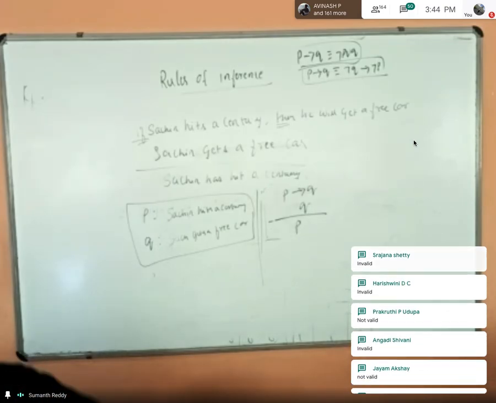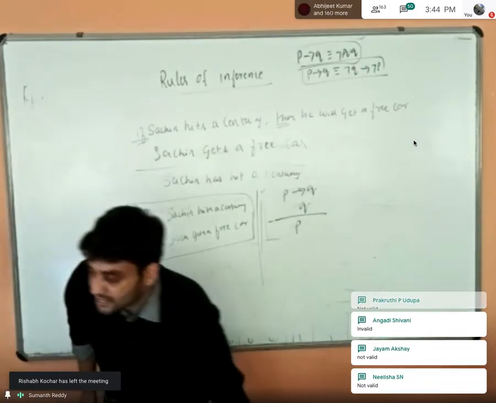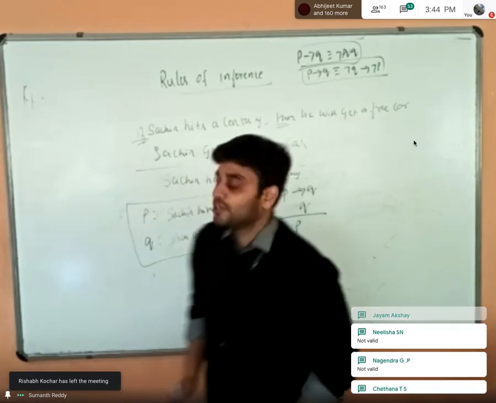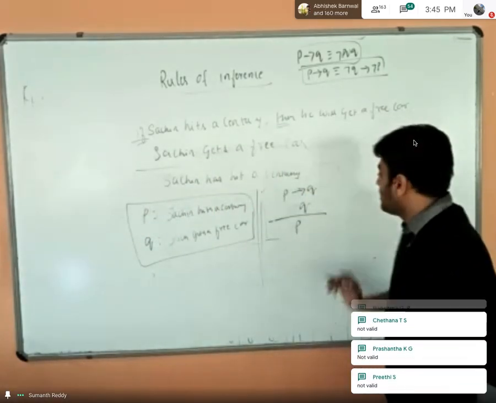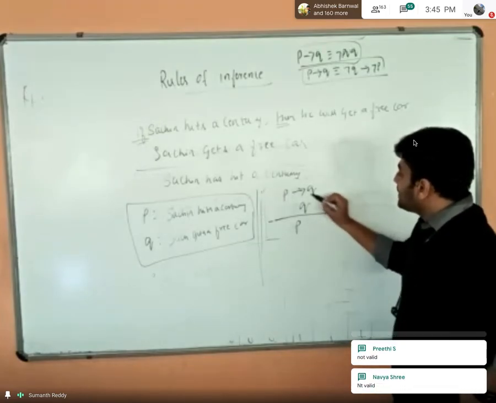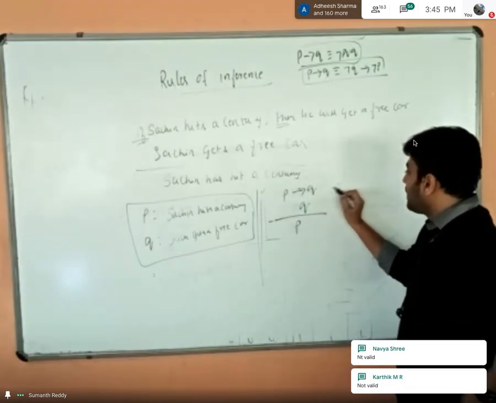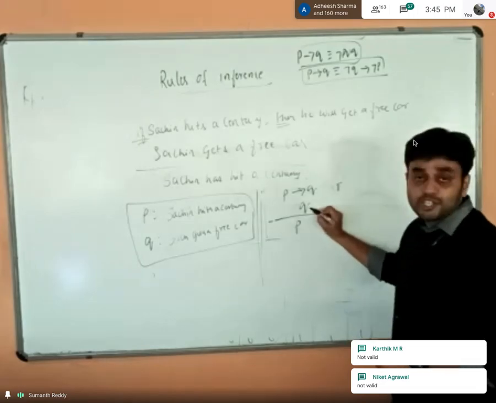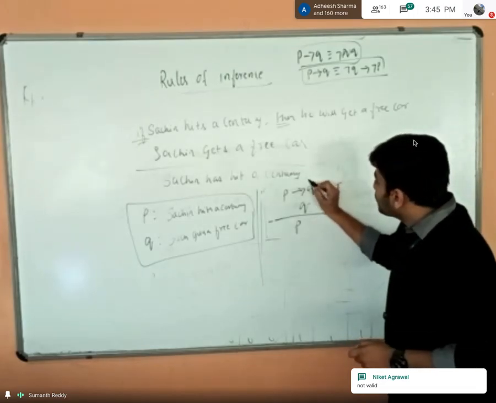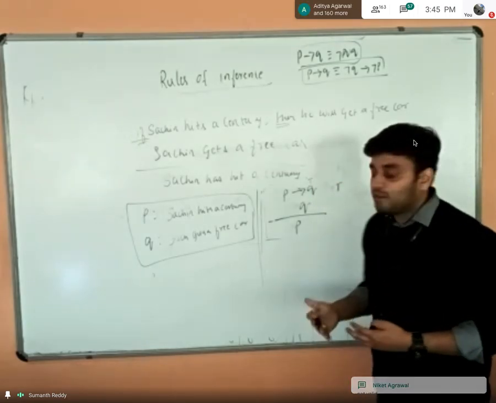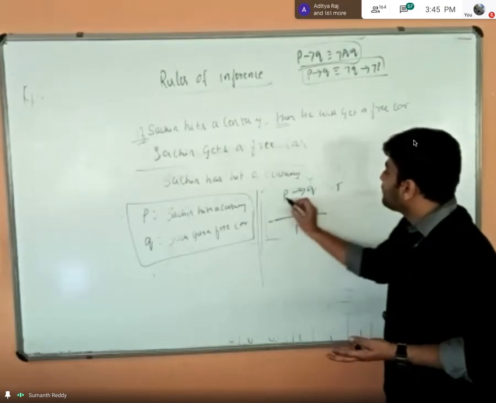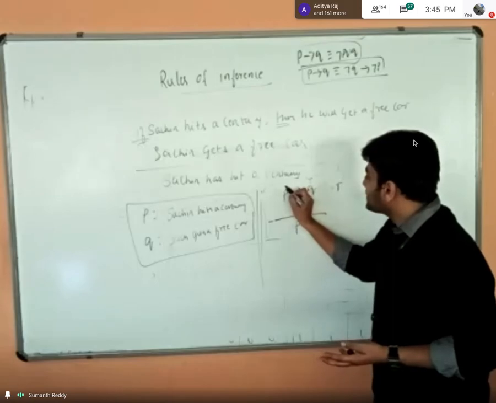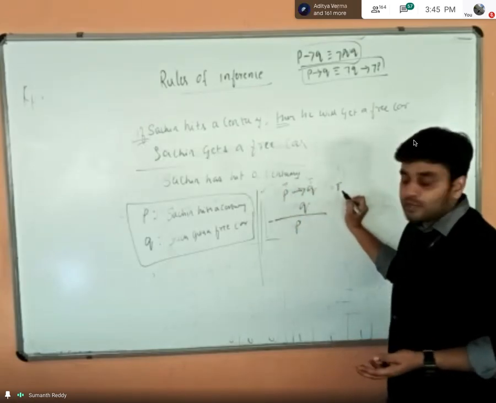Exactly. Okay, most of you are answering it's invalid. Yeah, it's true. Because the thing is, forget about the rules of inference. Use common sense. He's telling that P implies Q is true. Fine, and he is also telling that Q is true. If Q is true, is it necessary and sufficient for me to tell that P is also true? No, because if you keep the value of P as true, then the result will be true.